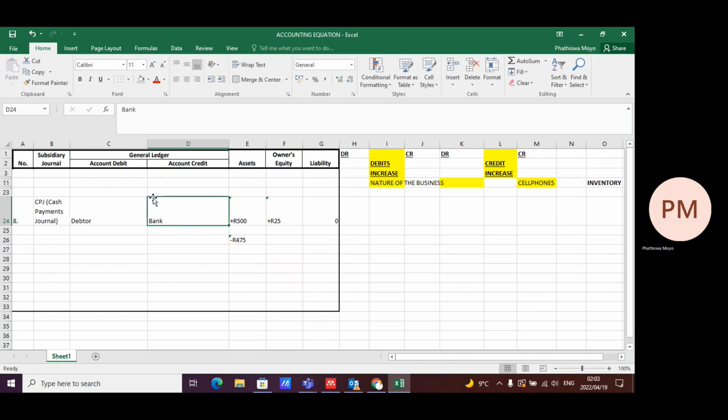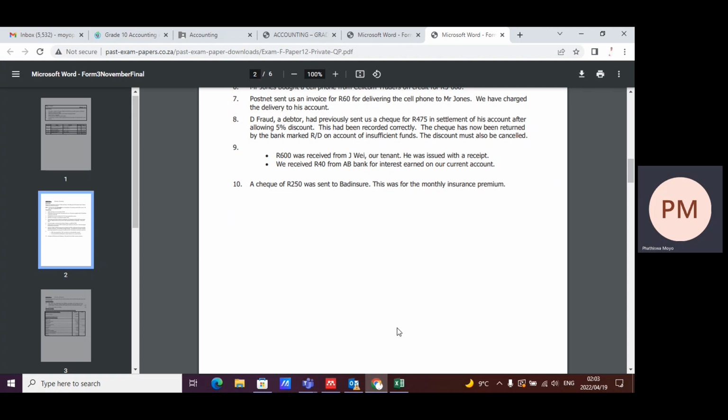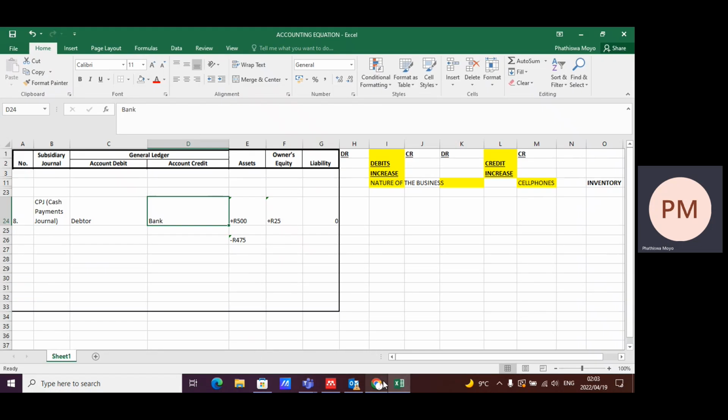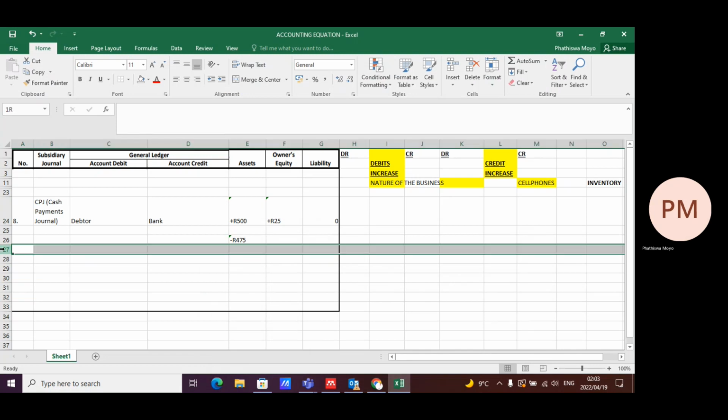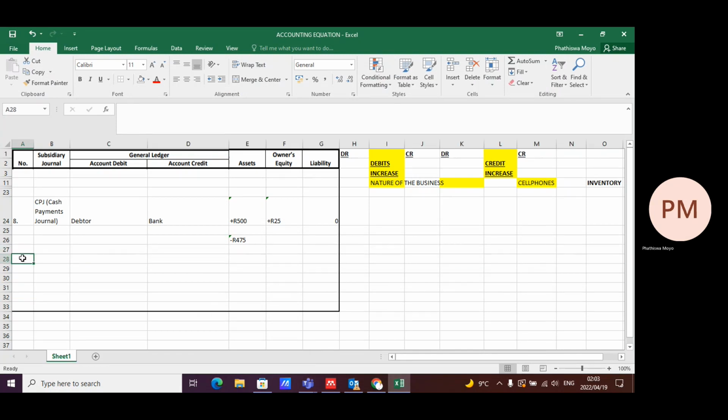Correct me if I'm wrong. Then 600 was received from a tenant. This is rent income. So this was hard cash received, so it would have been recorded in the CRJ.